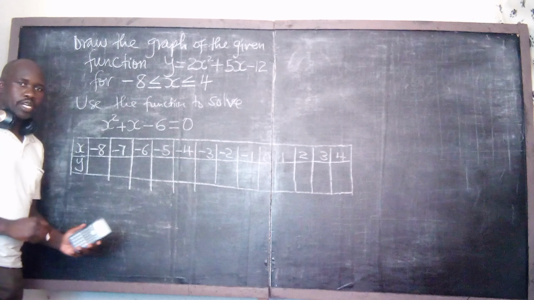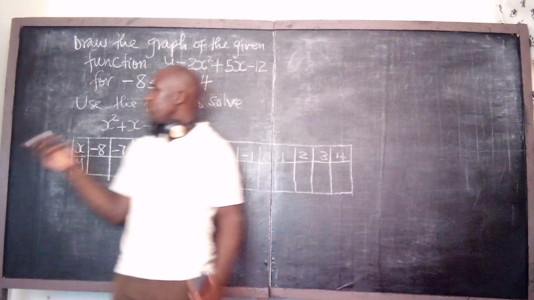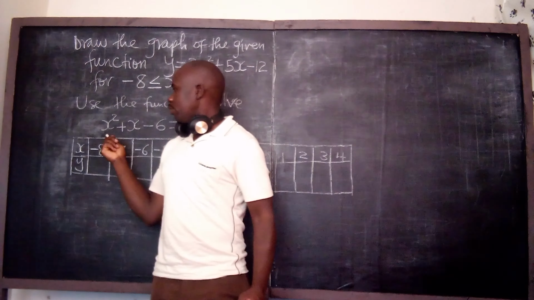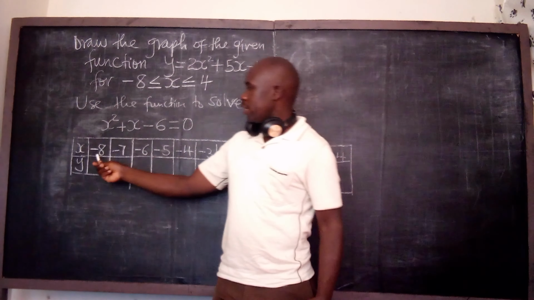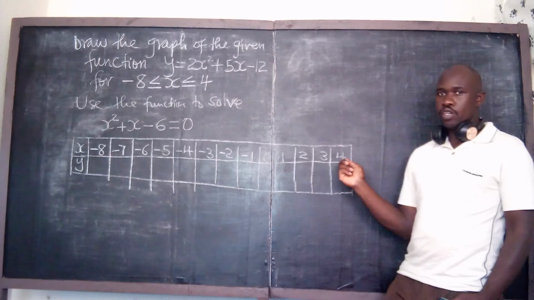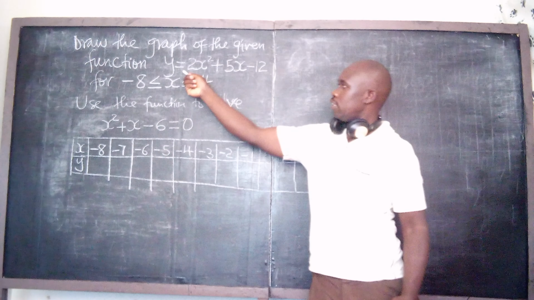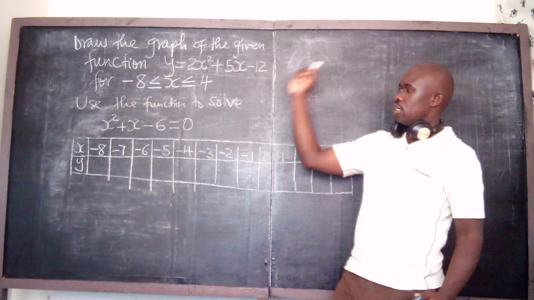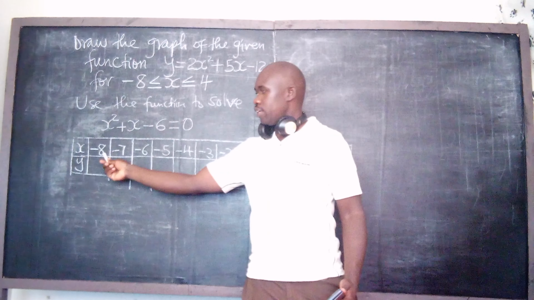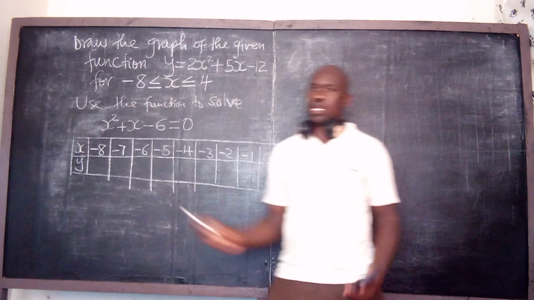So that's what we have, and we can see from this table we have minus 8 all the way to positive 4. I need to put in this function. So you can see that the intervals of x is 1, 1, 1.